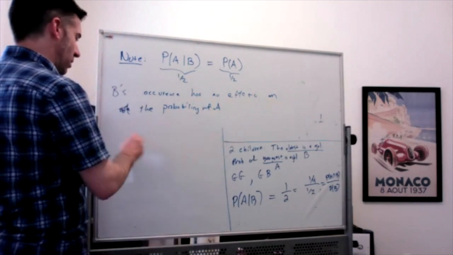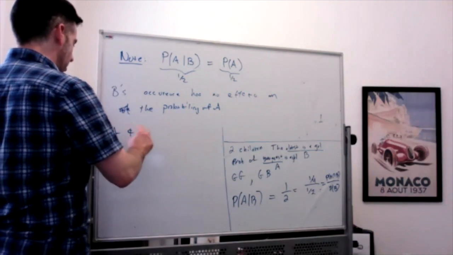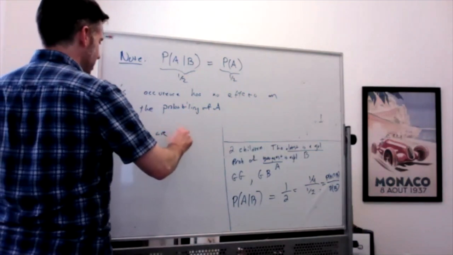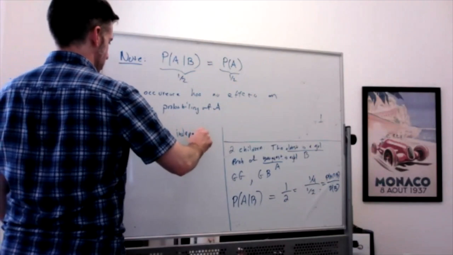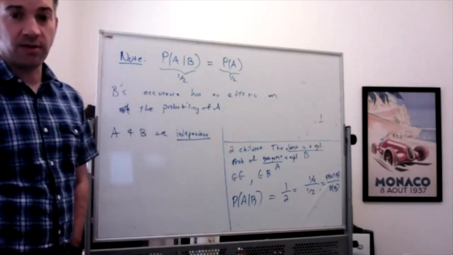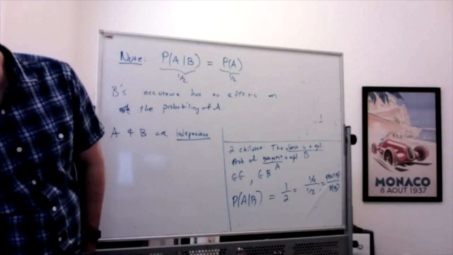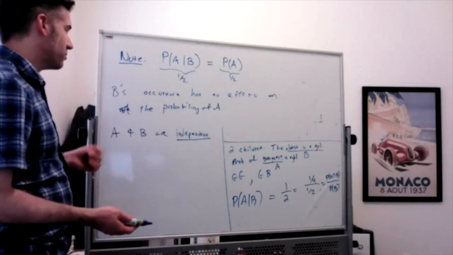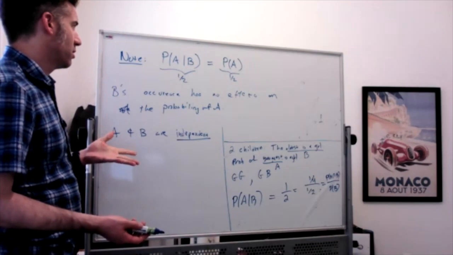So in this particular problem, we would say that A and B are independent. Knowing that B happened didn't affect the probability of A.